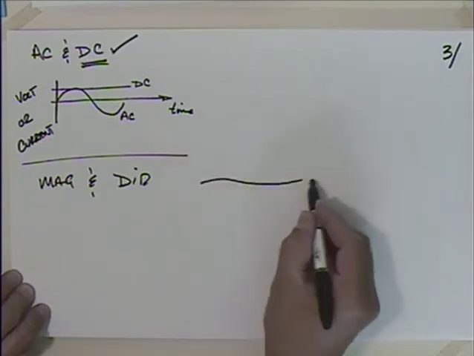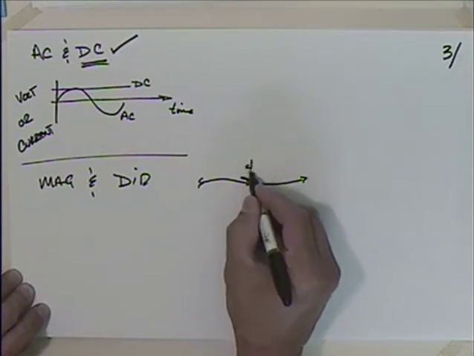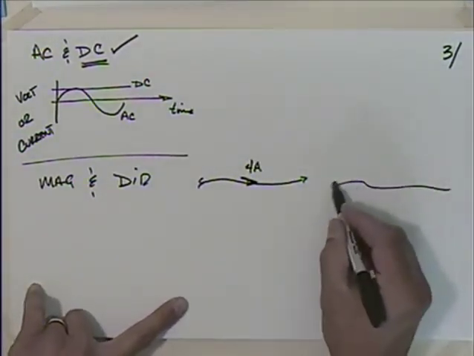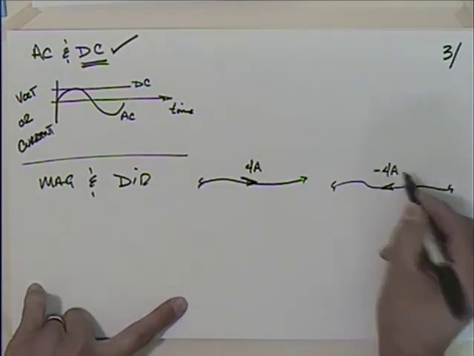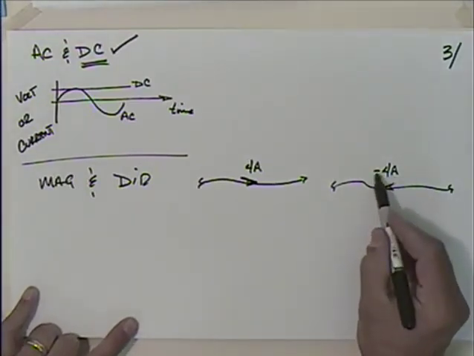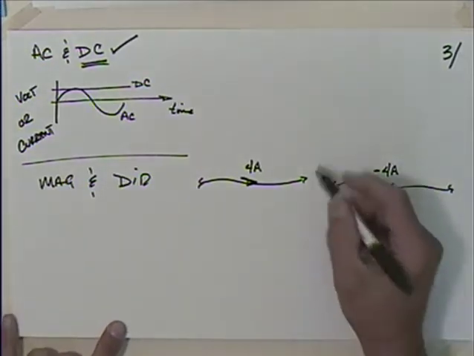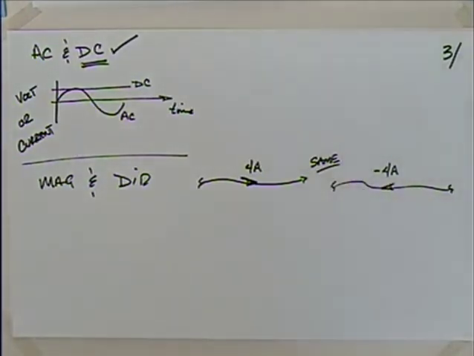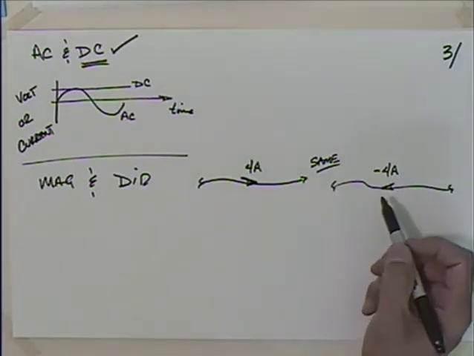If we were to have some sort of a wire like this, and we said that we have 4 amps traveling down it like that, that would really be the same situation as if I were to say that I had minus 4 amps going in that direction. I couldn't just arbitrarily remove the negative sign, but if I remove the negative sign and flip the arrow, then I would get back to that situation. So if we have 4 amps traveling this way, that'd be the same as minus 4 amps traveling that way.